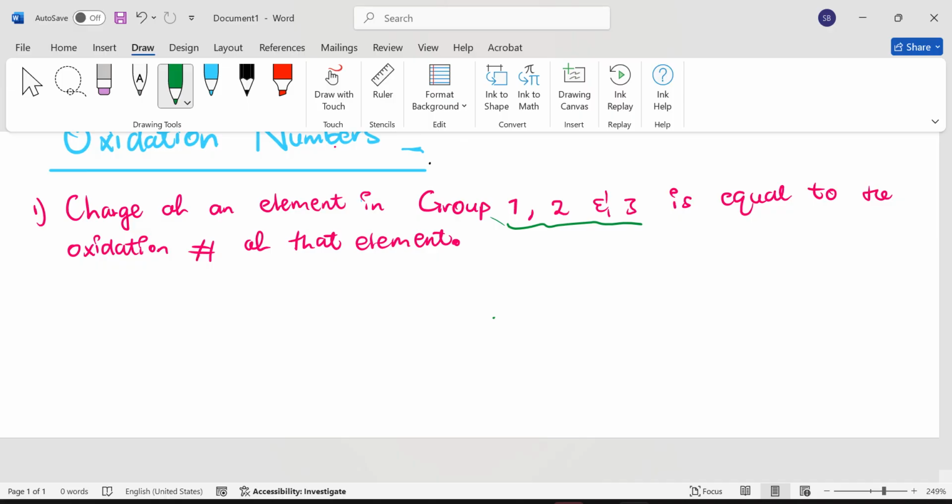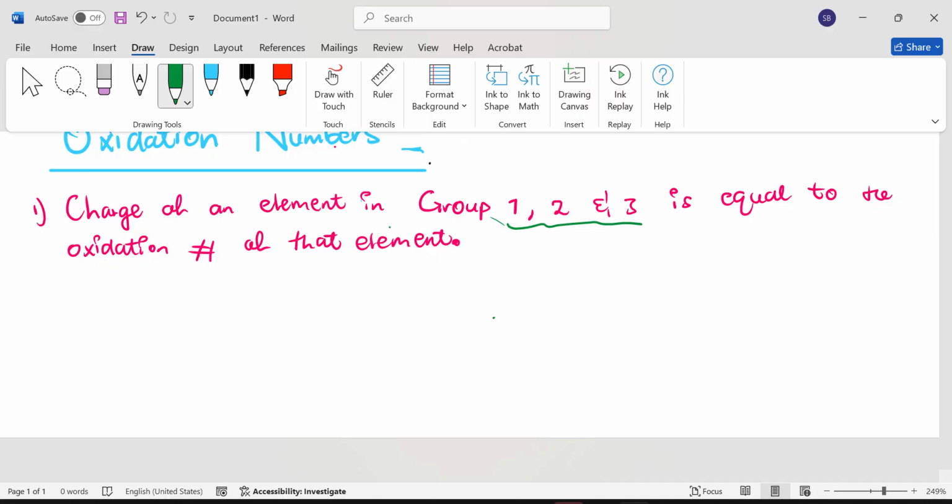So hydrogen is the only one in group 1 that does not have a charge that's equal to it. It does, but it changes depending on what it is bonded with, when you bond it with a certain metal, if I recall correctly. But we'll actually get to that.